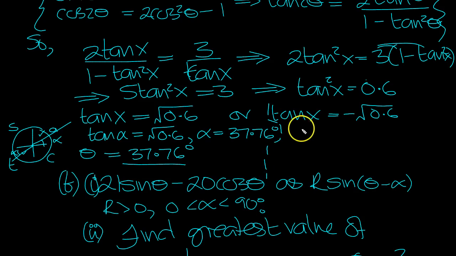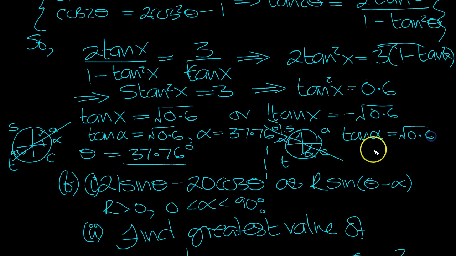Now we'll do the next one. Draw a circle. CAST. Tan is positive here and here, so negative there and there. 2 lines. Alpha. Tan alpha then, drop the negative, is the square root of 0.6. So alpha will equal 37.76 degrees.